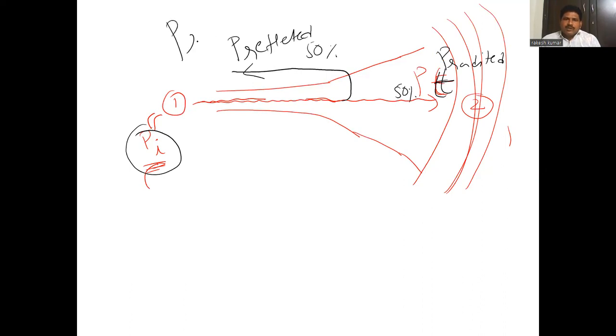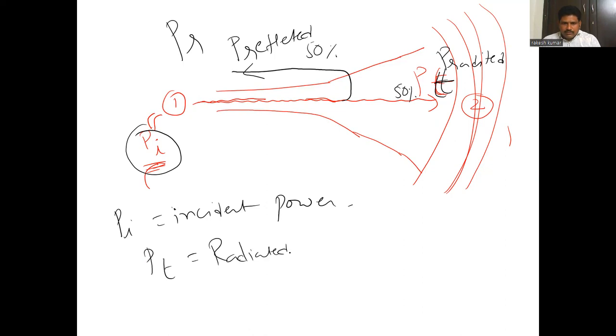Here PI denotes the incident power, PT denotes the radiated or transmitted power, and PR is the reflected power.